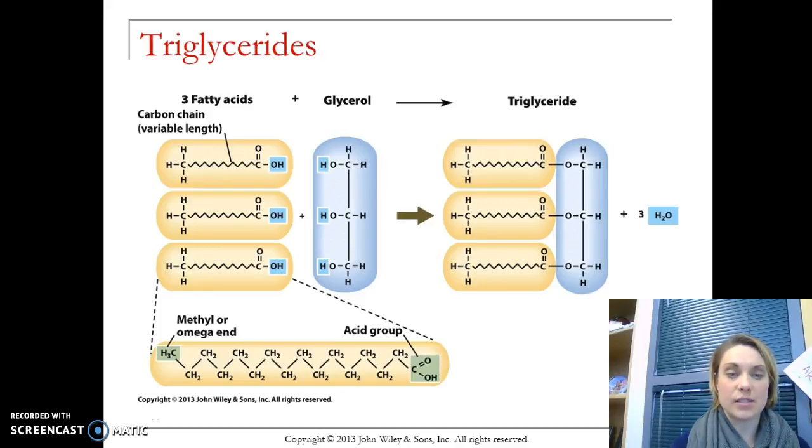Depending on how many carbons there are, they're called long, medium, or short chain. And depending on where double bonds are, they're called omega-3 or omega-6, or monounsaturated, polyunsaturated, or saturated fats.